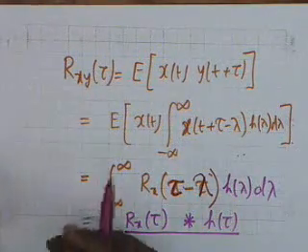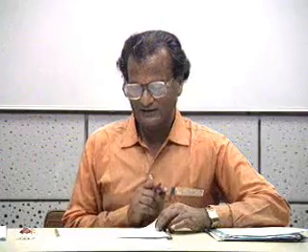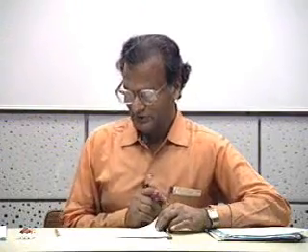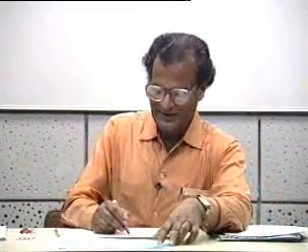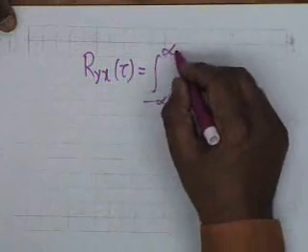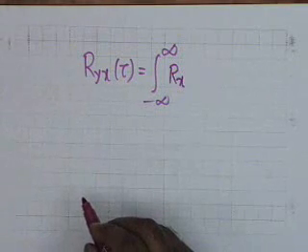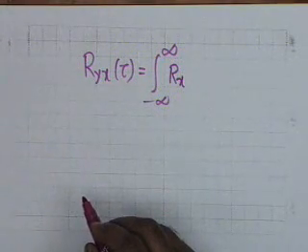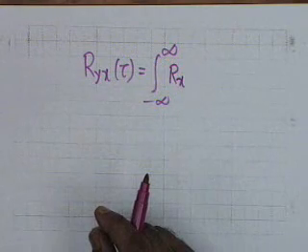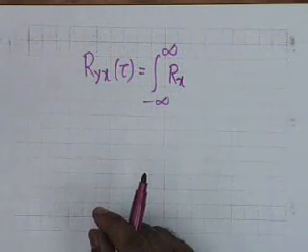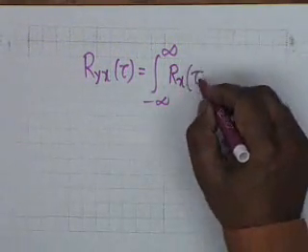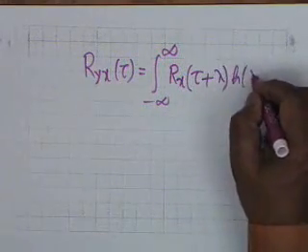Now if I take the other cross correlation, that is Ryx(tau), what do you think the change shall be? It will be the integral from minus infinity to infinity, and then instead of tau minus lambda, I shall have tau plus lambda. We should have Rx of tau plus lambda, h(lambda) d lambda.